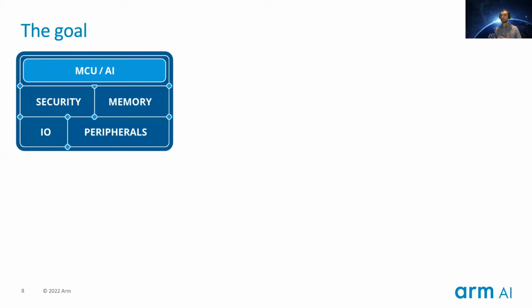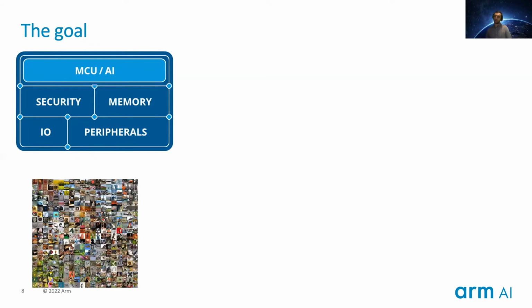So stepping back, what's the actual goal at a system level that we're trying to achieve? We start with a hardware platform that has a processor and memory, and the other thing that we care about is the data set. In this case, let's say we care about classifying images from the ImageNet image classification data set.